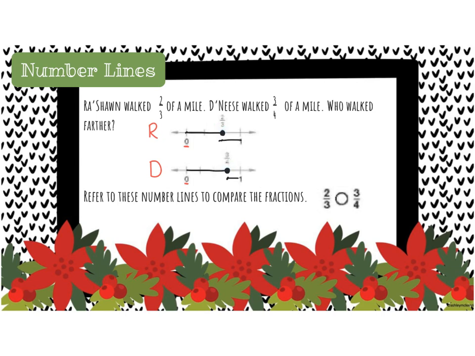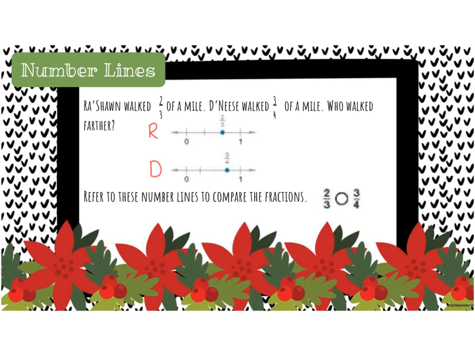You think about a starting line, which is right here at 0, okay? And you look and see who walked the farthest. It's the one who's the furthest away from 0, closest to 1. Okay, what if I look down here? Refer to these number lines to compare the fractions. So if I'm looking at both of these number lines, and I want to compare the fractions down here, how would I know which one's greater?